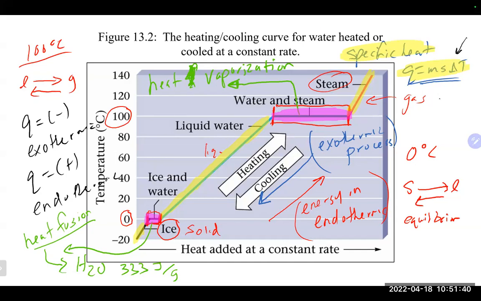And roughly speaking, for water, it is roughly 2260 joules per gram to do that. Which one takes more energy to do the transition? It is the transition from liquid to gas, right? Which takes about 2260 versus about 333.